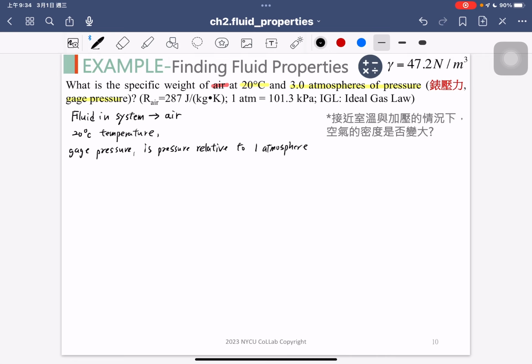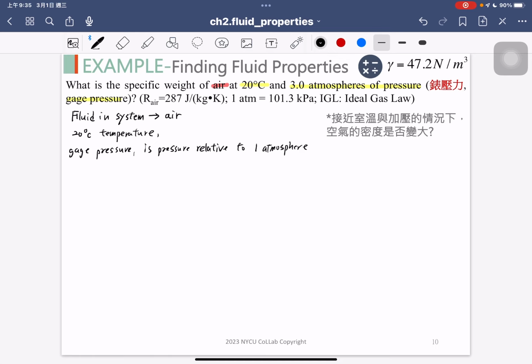Usually in our environment it is 1 atm, right? The gauge pressure indicates the pressure relative to the 1 atmosphere pressure.